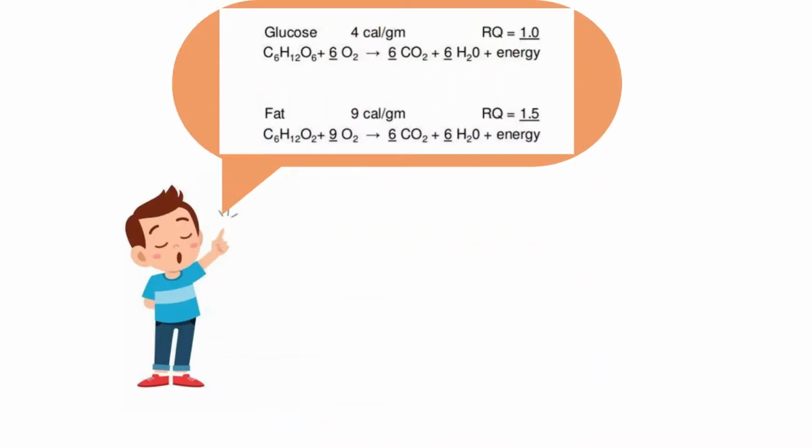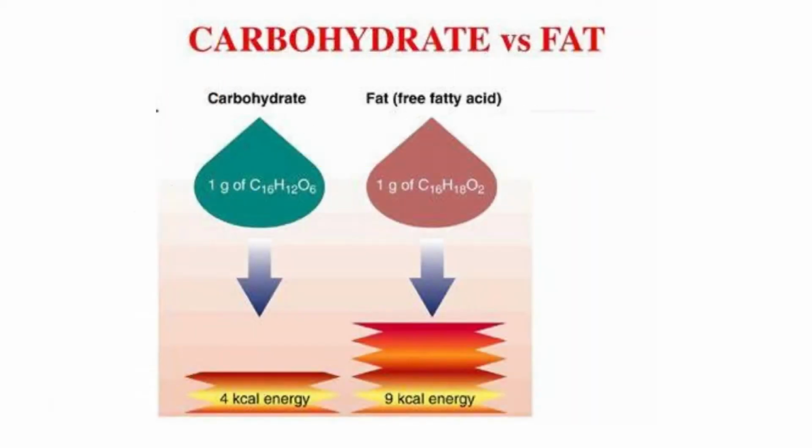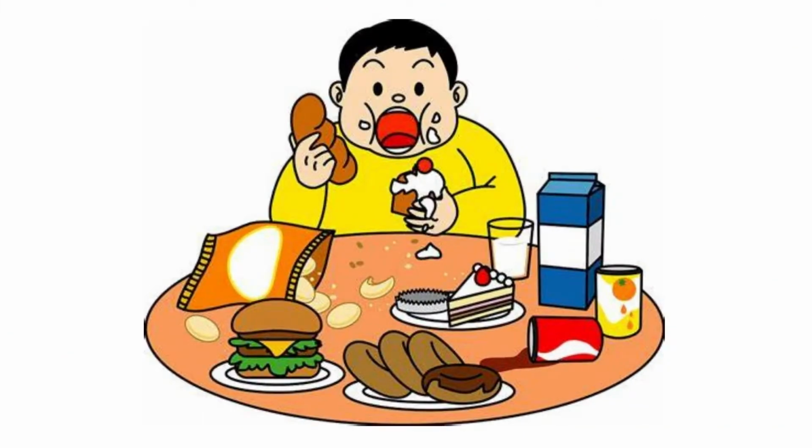Bojo thought that fats would be the best foods to eat all the time. A katori of fat will give more energy than a katori of carbohydrate-rich food, isn't it? So he ate nothing but food rich in fats.